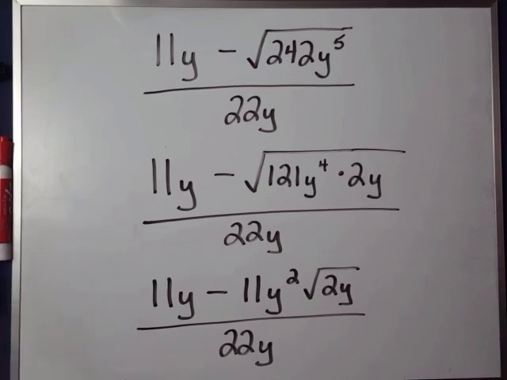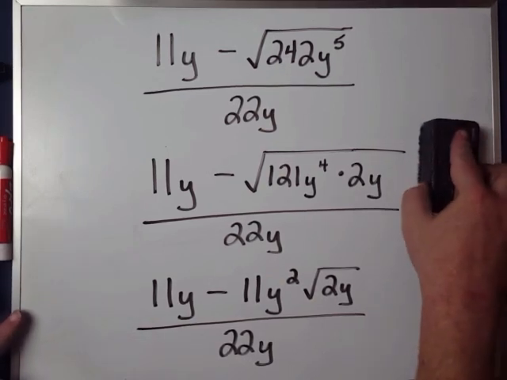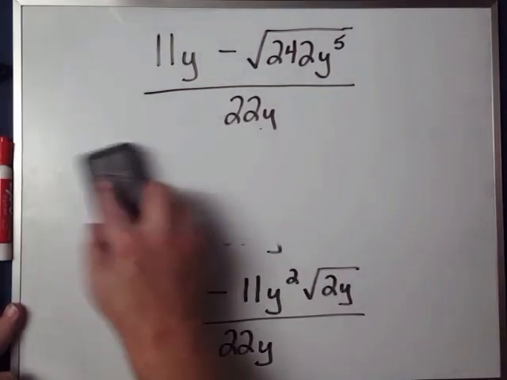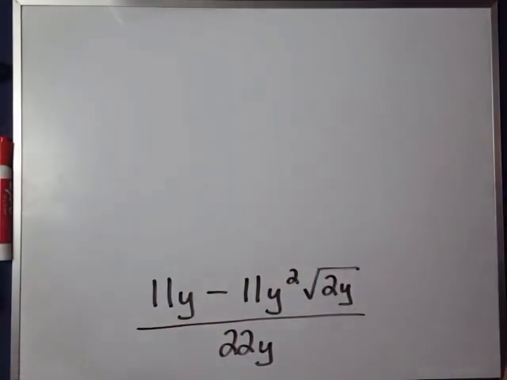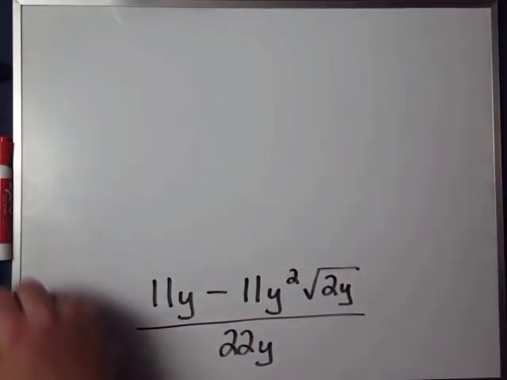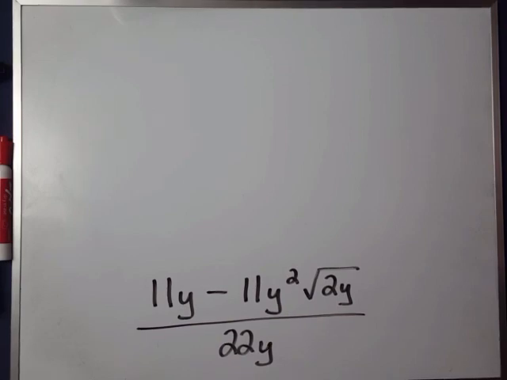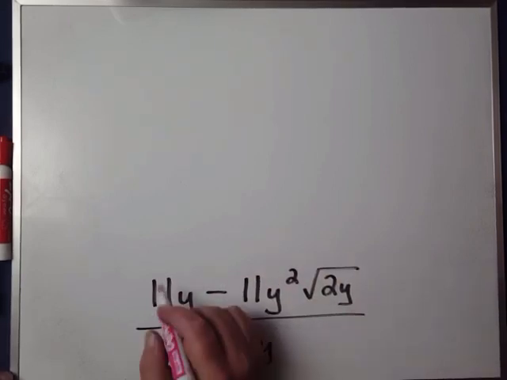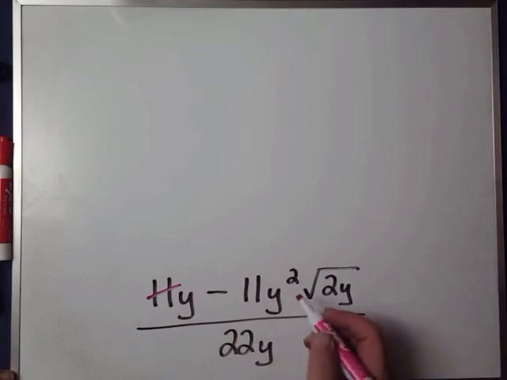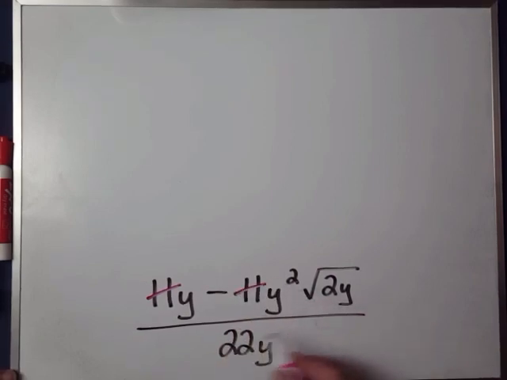What do they have in common? And I'm going to need to make some room here, guys. What do they have in common? Every term contains a factor of 11. So if I divide the top and bottom by 11, I'm dividing every term by 11. 11 into 11 once, 11 into 11 once, 11 into 22 twice.